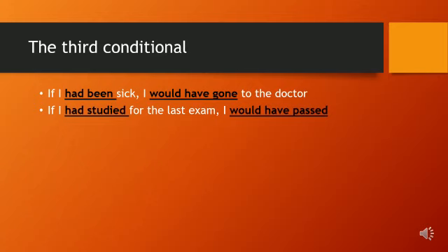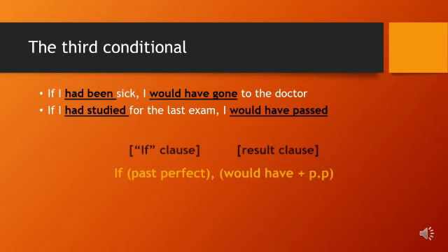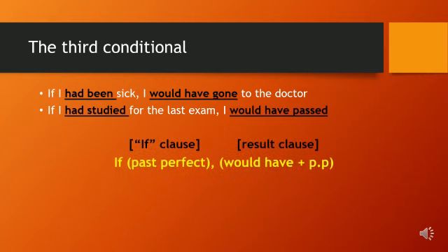Now let's go to the rule. From these two examples, we got the rule: the if clause is past perfect, which is had plus past participle, and the result clause is would have plus past participle. Instead of would, we can also use could or might.